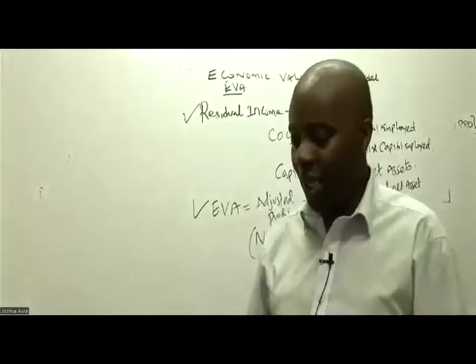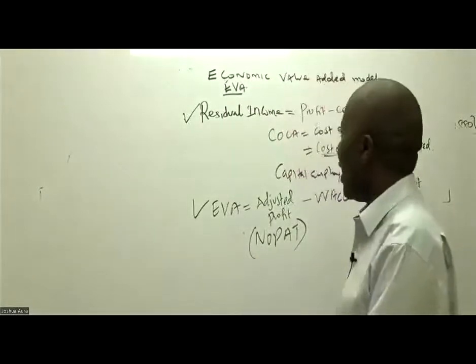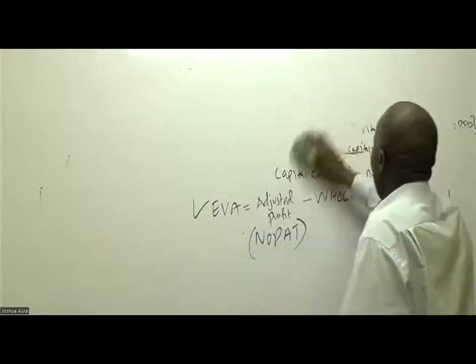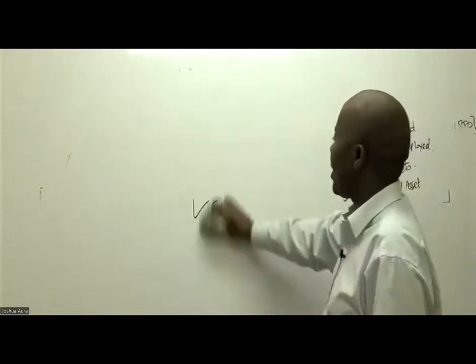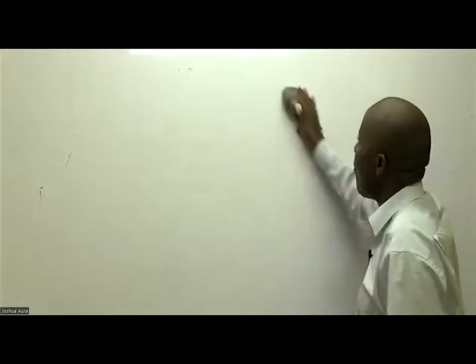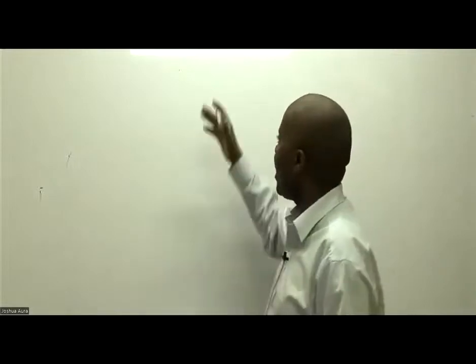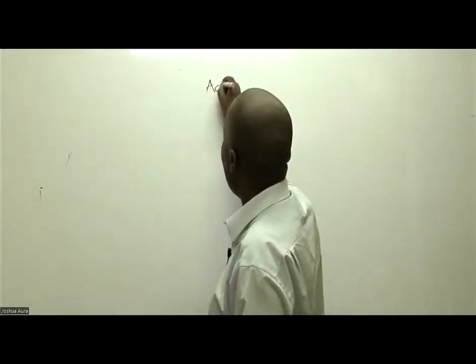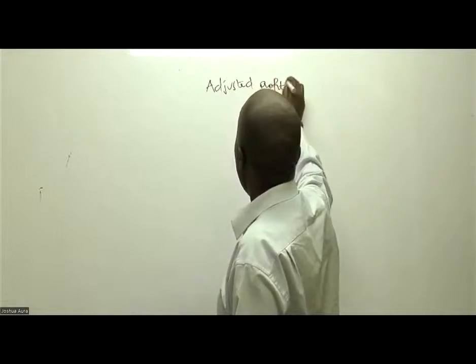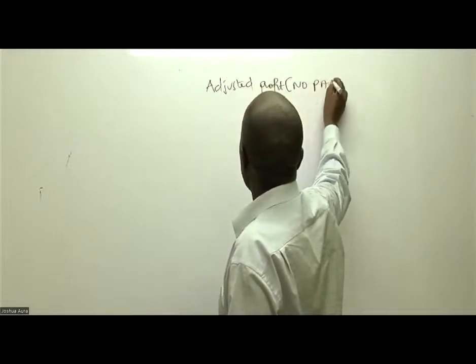The key thing here is for us to get the adjusted profit. So how do we get adjusted profit? Remember that this adjusted profit is what we are calling the famous NOPAT.